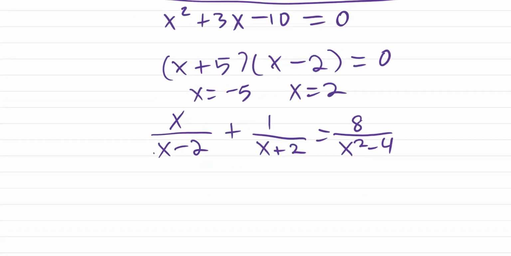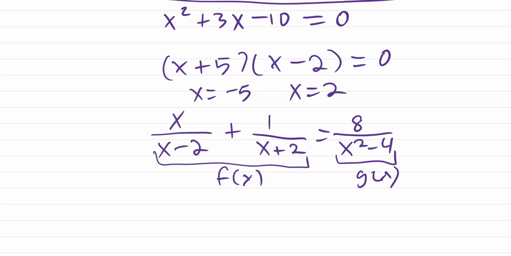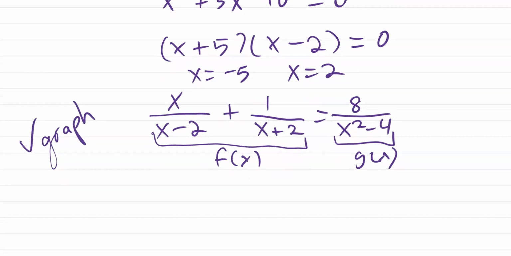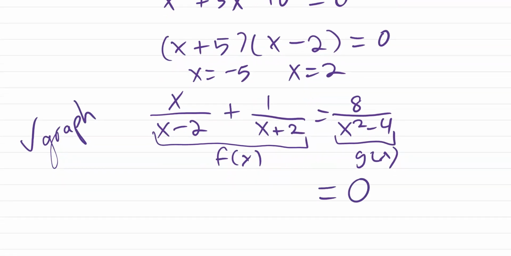Now, rather than call this all f of x and this all g of x and setting them equal to each other, if I'm going to check this graphically, then what I really want is this set equal to 0.